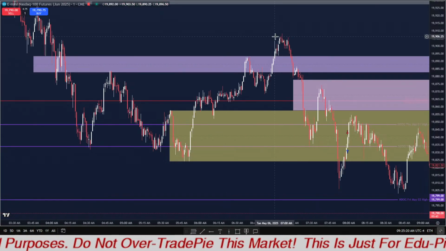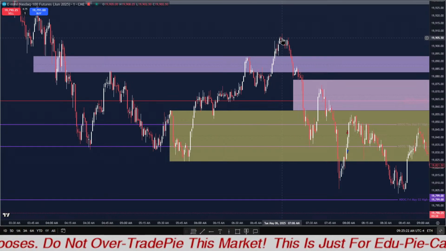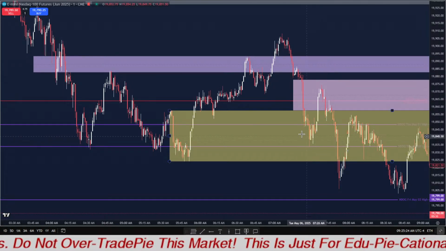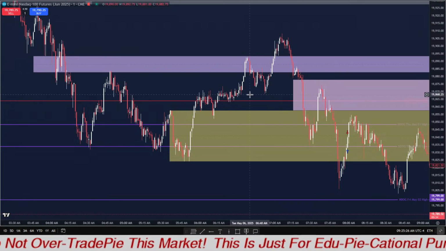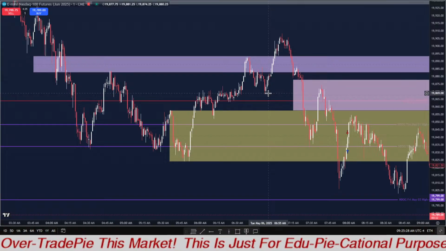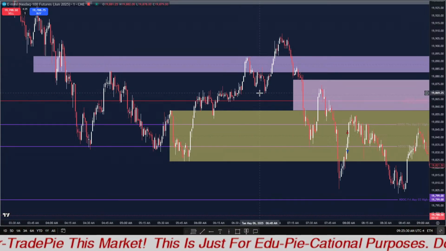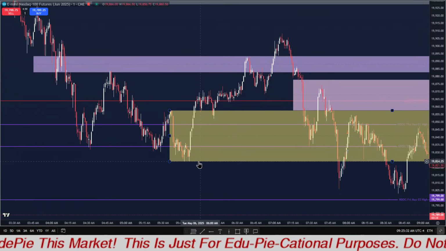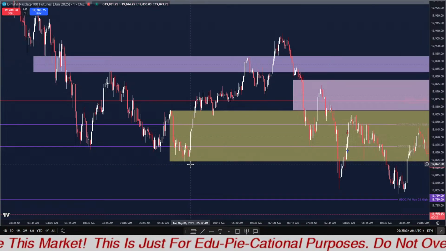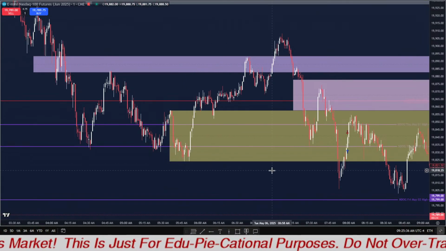The market spent a little time, and after that traced back to go below the sell side liquidity below here, these relative equal lows, and finally we went below the breaker block over here.